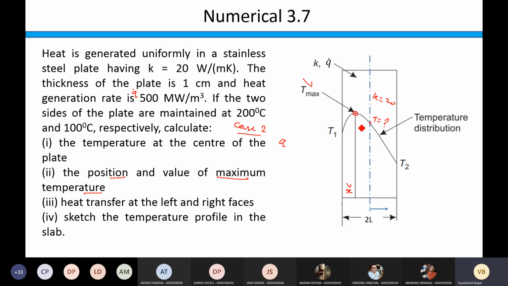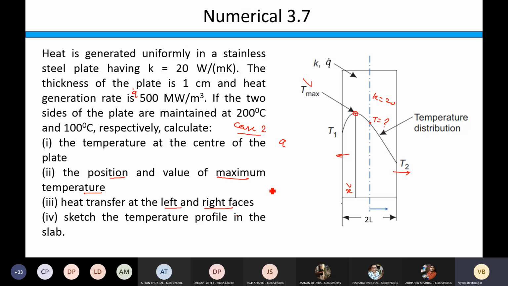If there is internal heat generation, part of the heat will go in this direction and part in the other direction. You have to find that, and then sketch the temperature profile in this slab. I have already plotted it, but in an examination you have to plot it on your own. I have given this diagram for ready reference because I don't want to spend much time on this problem itself.